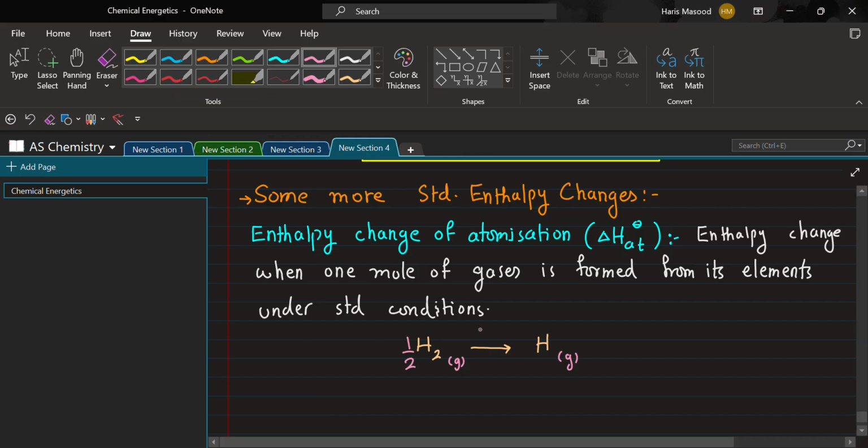Now do tell me, will atomization be endothermic or exothermic based on our previous concepts? Endothermic. Why? Because we are breaking the bonds.